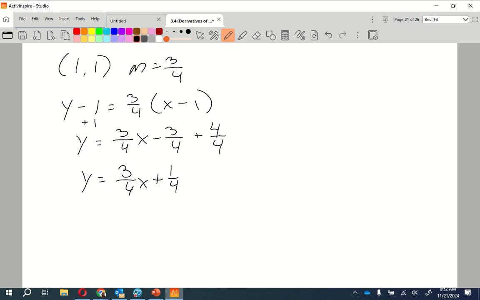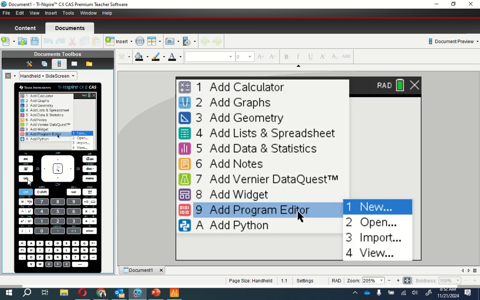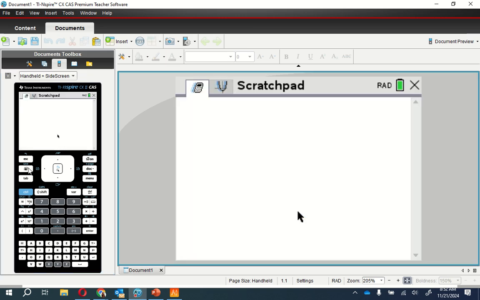Now let's look at the calculator stuff. So the calculator is super smart. Let's go to the graph, and let's go ahead and graph my function that I had in the first place.